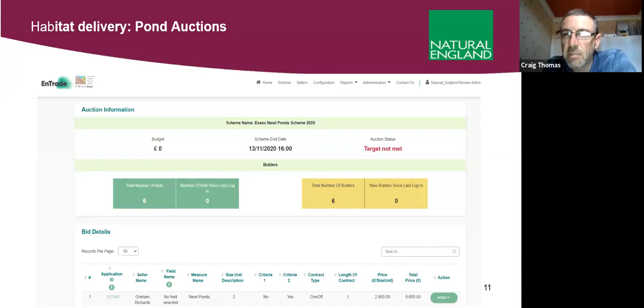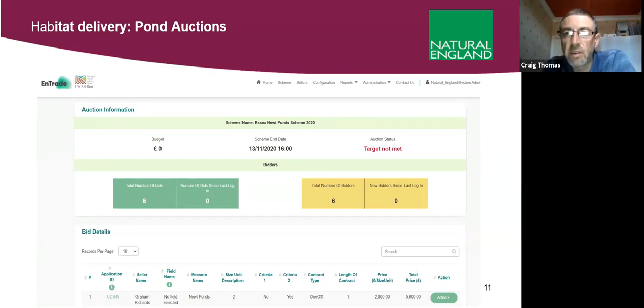The habitat delivery body has to visit every site, discuss with the landowner what's required, walk them through the pond specification. It's been signed off by the expert panel, and then oversee the works to ensure that the ponds are suitable. And as you can see on this slide, a landowner puts in their details, describes how many ponds they want, the unit price.